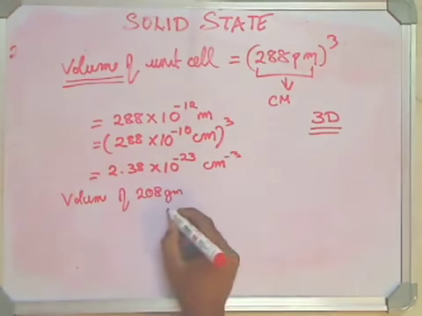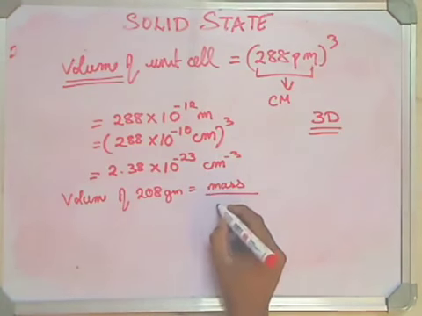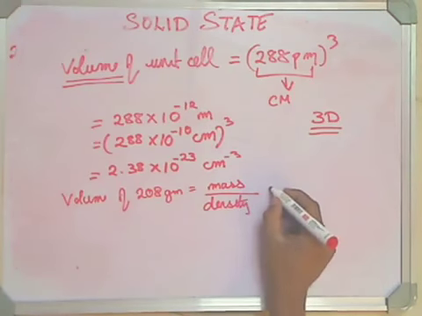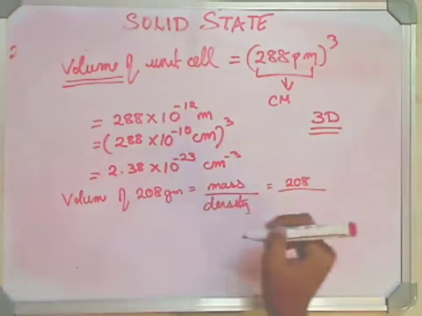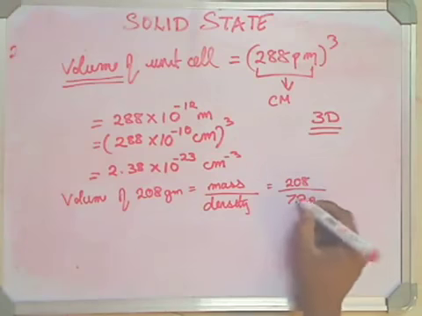To calculate the volume, you use mass divided by density. This gives you 208 divided by the density which I mentioned previously, 7.2 grams.